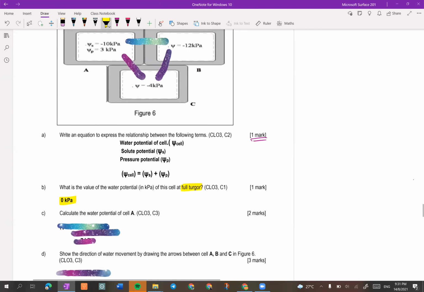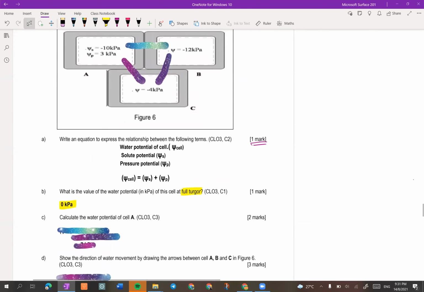Calculate the water potential of cell A. So let's look at cell A. Cell A is this one with this one. It's very easy. Since this gives 2 marks, of course there is a mark for your formula. So water potential equals solute potential plus pressure potential.